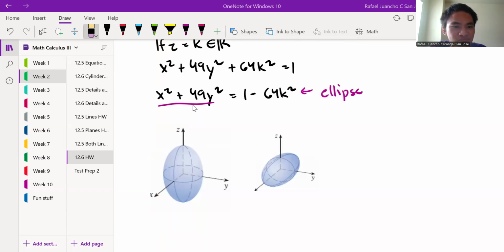I'm going to watch a video just to see. But when we're sketching, we want to identify. So the way the video did it is he did brute force.